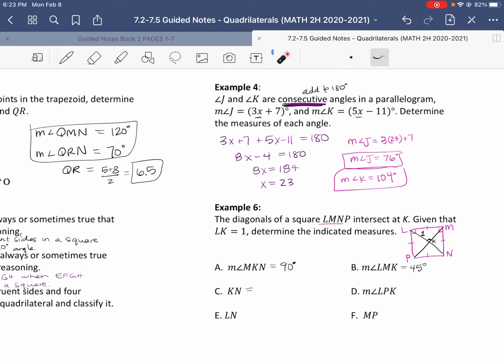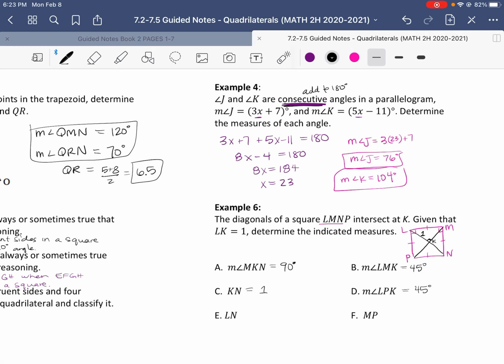Looking at KN, so going from K to N, K is in the middle, N out here, so just a piece or half of the diagonal. If the other half is 1, then K to N is also equal to 1. The measure of LPK, so L to P to K, is this angle over here. Again, if this one's 45, right, this one's also half of that 90-degree angle.